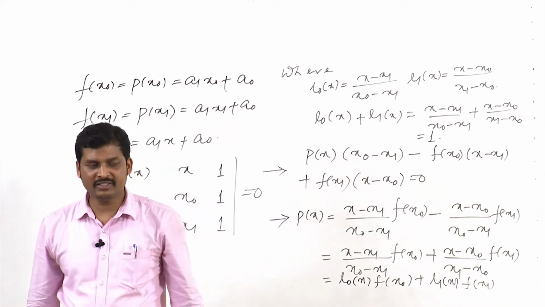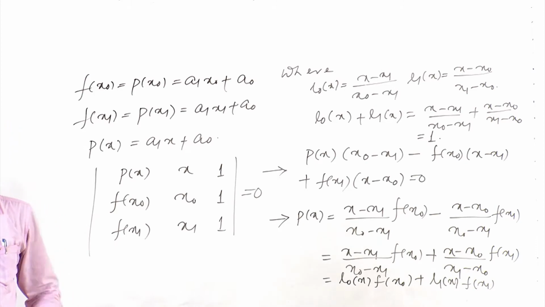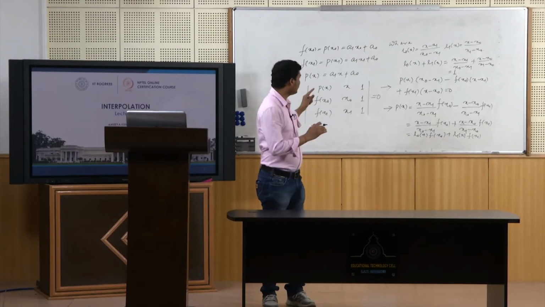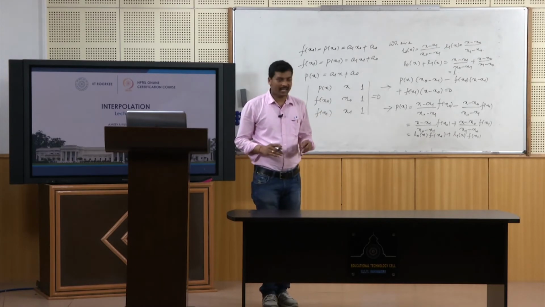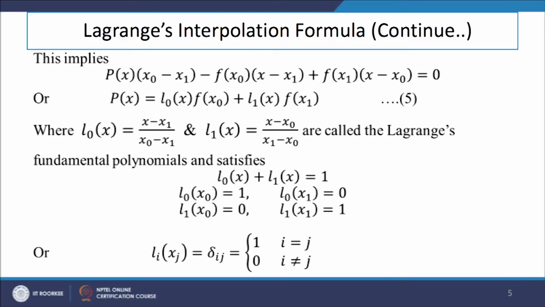This means that Li of xj equals 1 whenever i equals j, and equals 0 whenever i is not equal to j. Then we can write Li of xj equals Kronecker delta of ij, which equals 1 if i equals j and 0 if i is not equal to j.